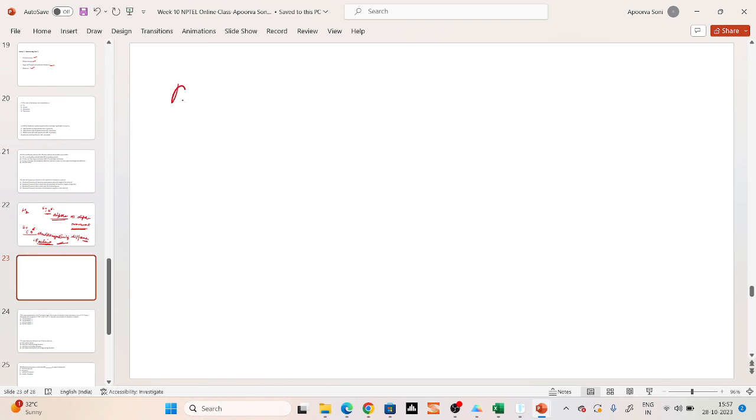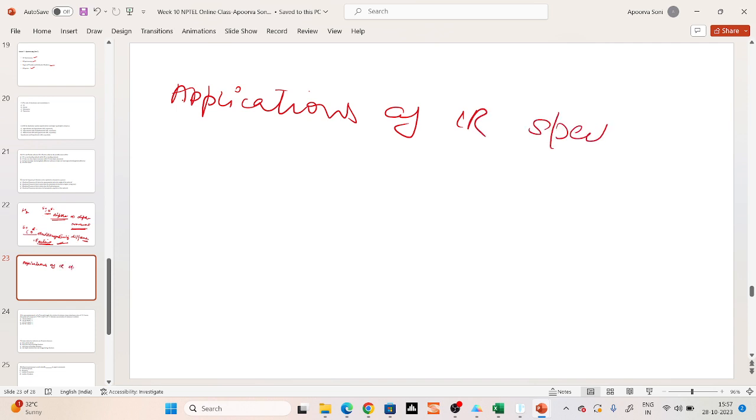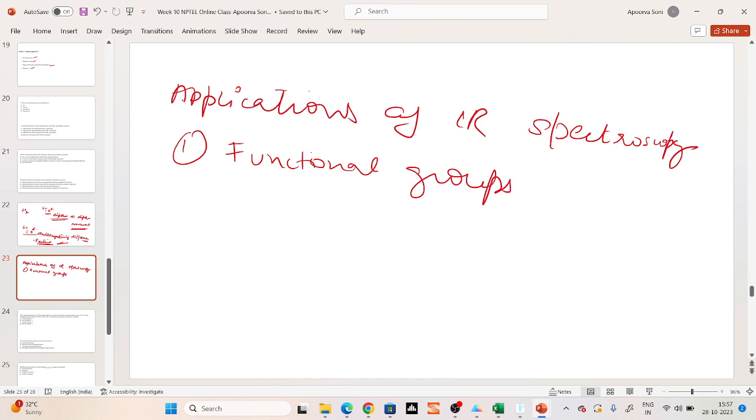We are talking about the applications. First is identification of the functional group.